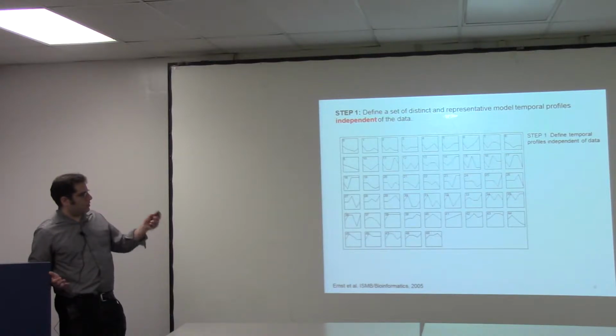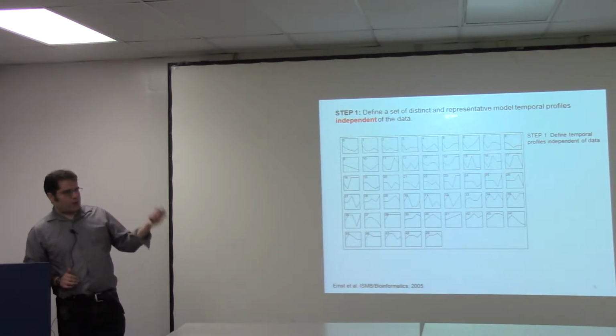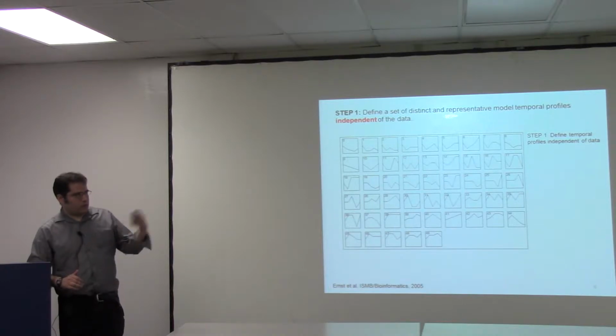We define it in terms of shape, so the units are arbitrary here. How do we come up with a set where each profile we select is relatively distinct from each other and representative of any profile we would expect to see in the data?